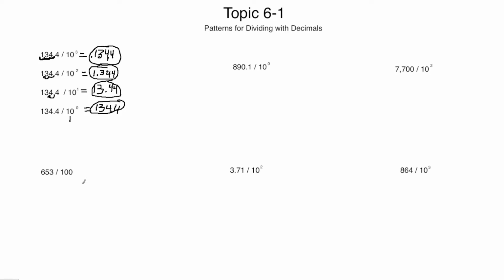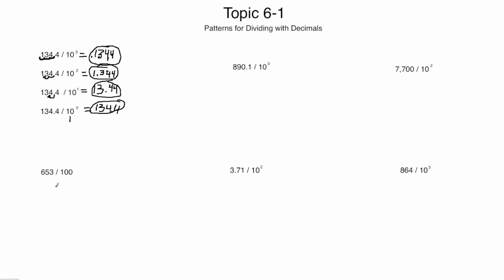All right, let's go to this problem, 653 divided by 100. Go ahead and stop and see if you can solve it. Now, 653 is a whole number. Where's the decimal at? Is it here? Is it in between the 5 and the 3? Or is it behind the 3?